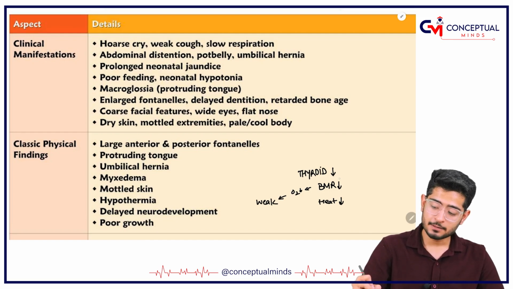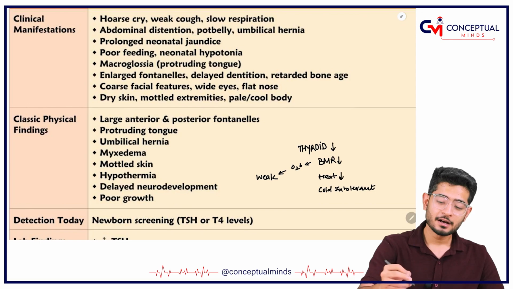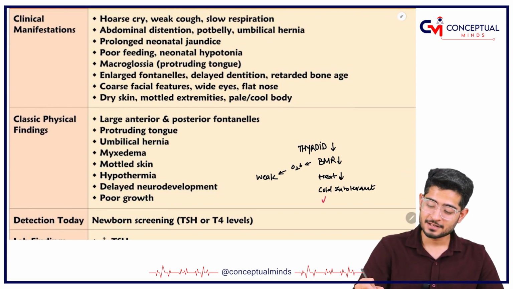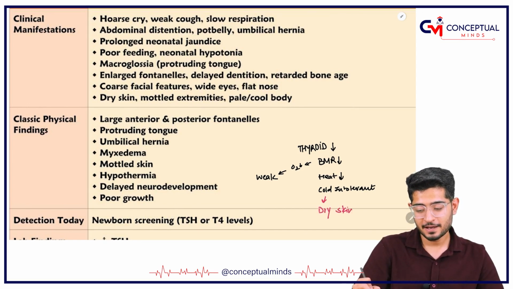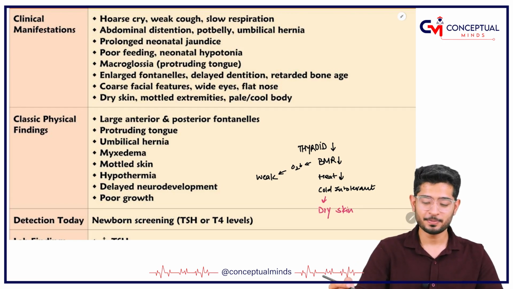Again, BMR is not there, heat is not there, so the child is going to be cold intolerant. Nowadays there is excessive cold in the northern states of India. So what is very common? Dry skin. Everybody applies moisturizer in the morning, so dryness is going to be seen in these patients.